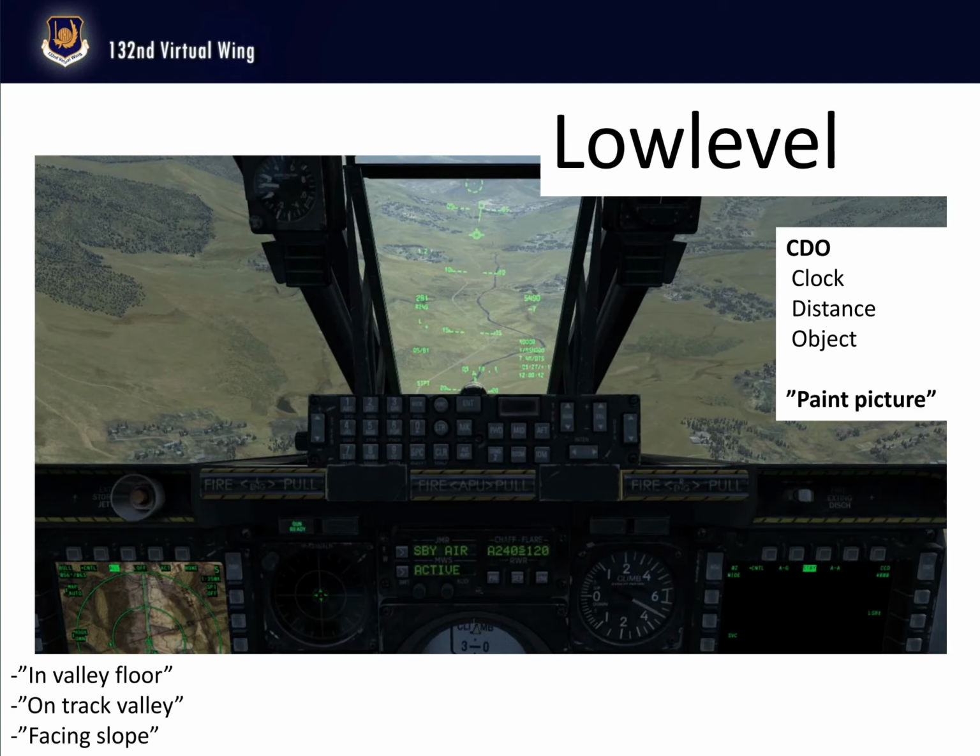For low level, we will try to paint a picture, so we'll describe what you're about to see as you come closer to the target. At any time we will be guiding you from the big picture to the smaller picture until you actually see the target, and you call tally.